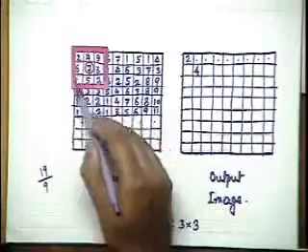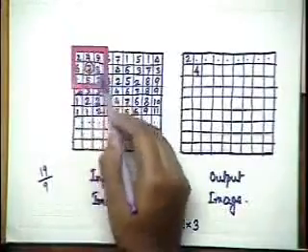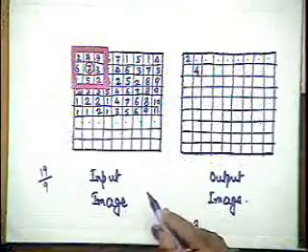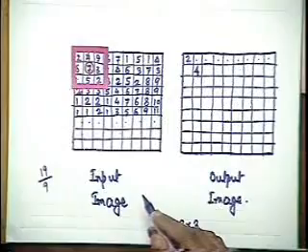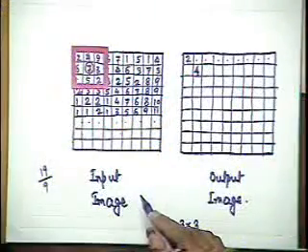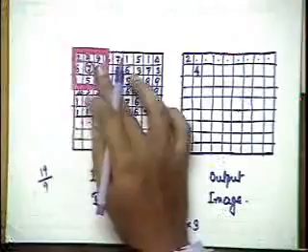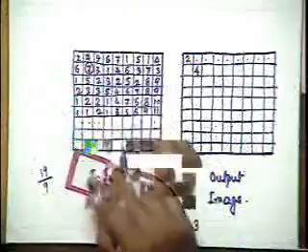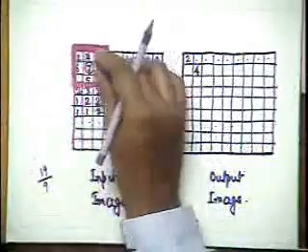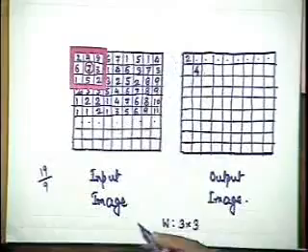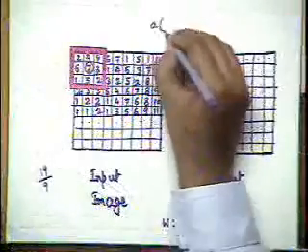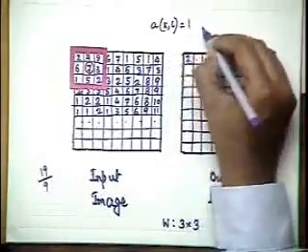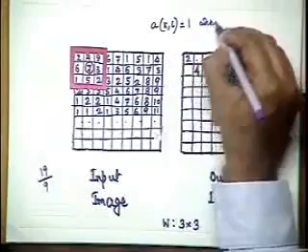Now if instead my AKLs were not equal to 1, what would I have done? Simply, supposing I take this particular example only, that is to say my window is positioned around this pixel having intensity equal to 7, and let us assume that I have AKL equal to 1 when K is not equal to 0 and L is not equal to 0.